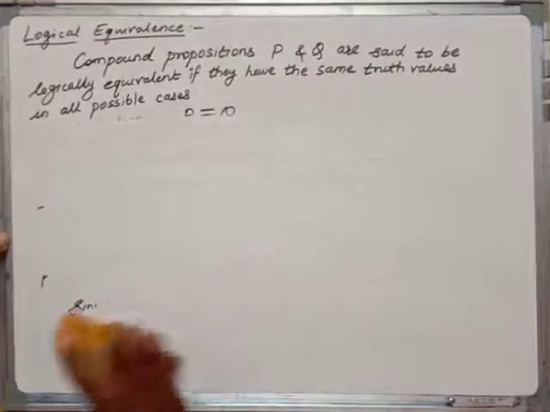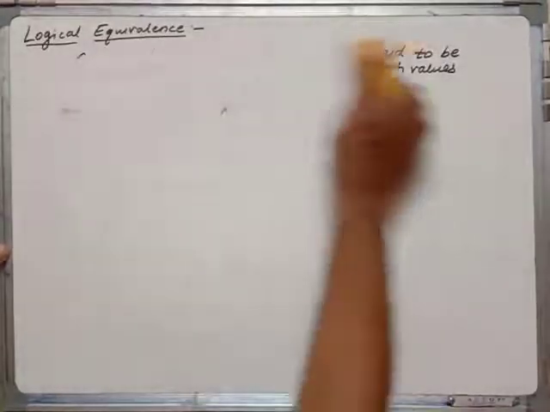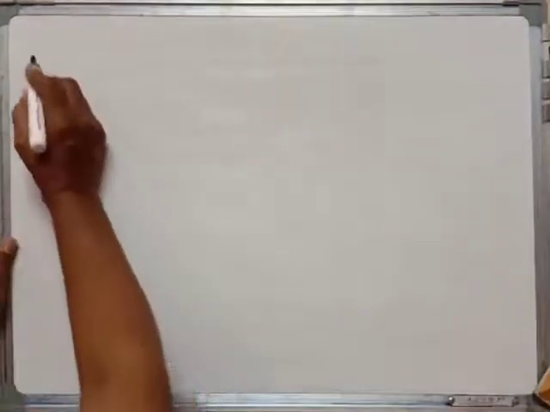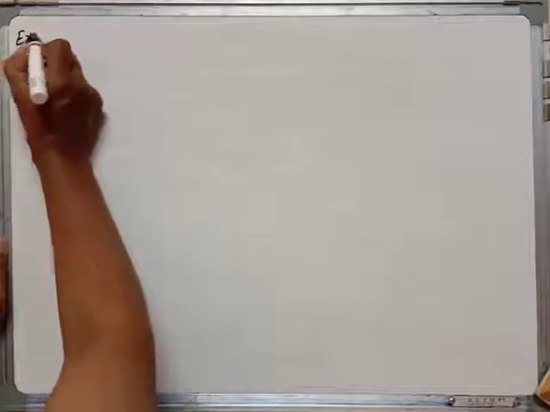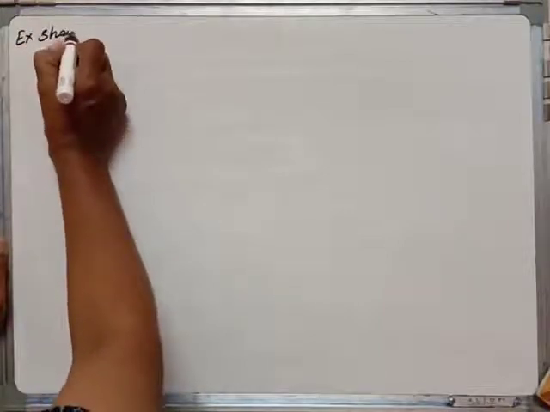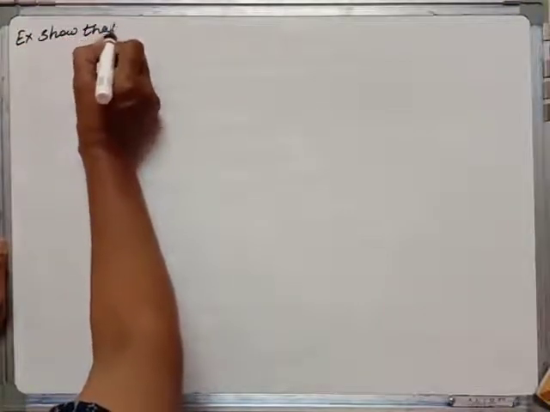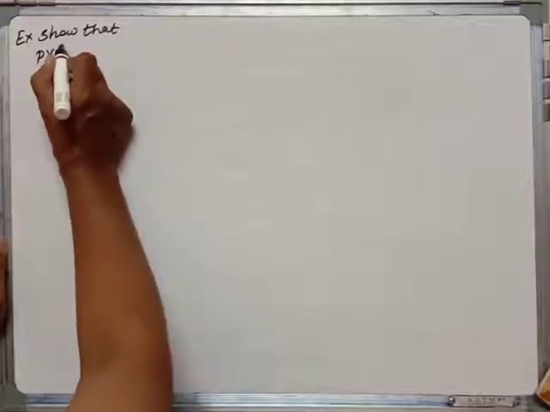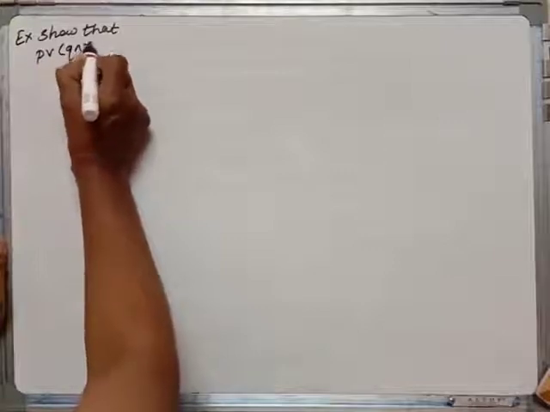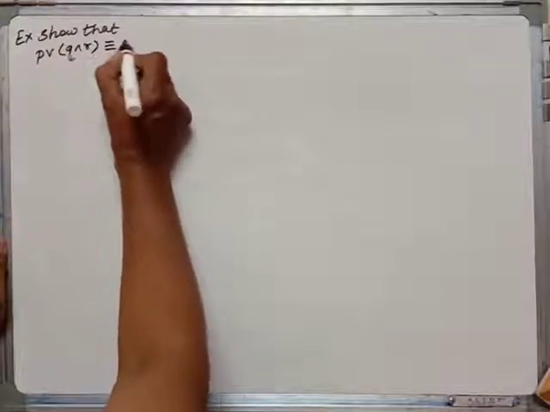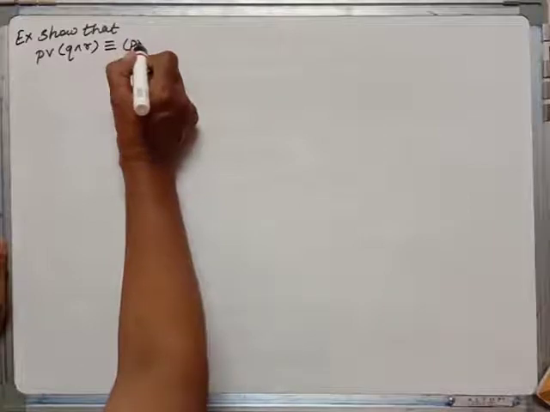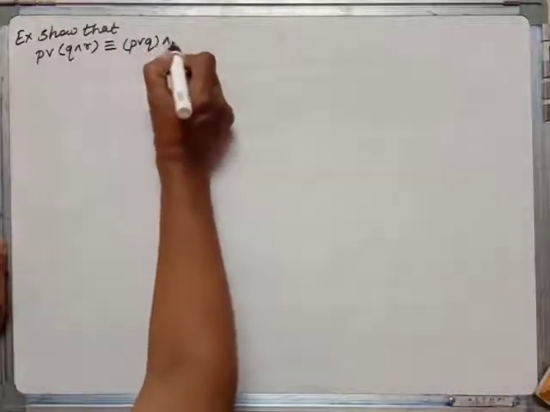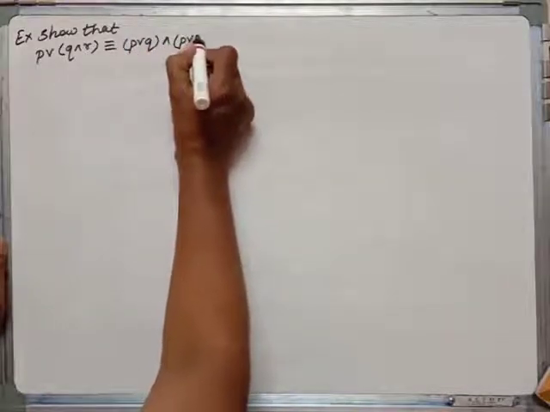Same thing. Show that two compound propositions are equivalent. Example: show that P or (Q and R) is equivalent to (P or Q) and (P or R).